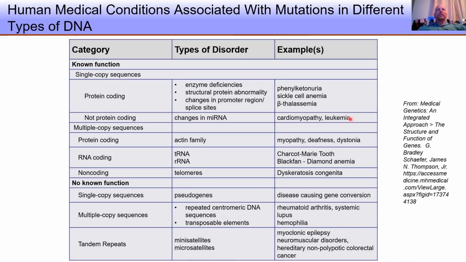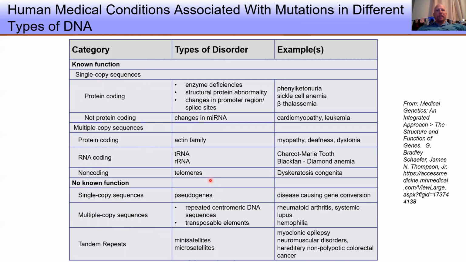What you can see here in this table is that pretty much every category of DNA that we talked about is associated with a certain disease or disorder. We've got some examples listed here, categorized into DNA of known function and unknown function, and then further broken down into single copies, multiple copies, or non-coding.